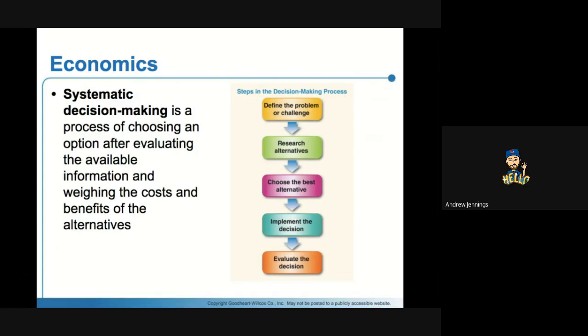You kind of have to look at all of your different options, and then you yourself have to decide what's the best option for you. Now, that's a really easy decision in relation to the big decisions that governments and businesses are making that could cost millions of dollars. So just know that this decision-making process happens with big-time decisions as well as small-time decisions.